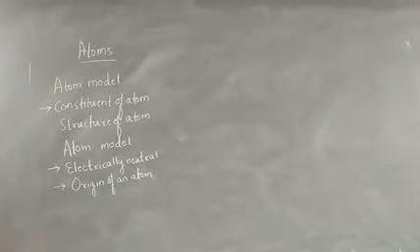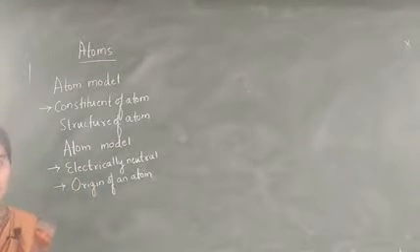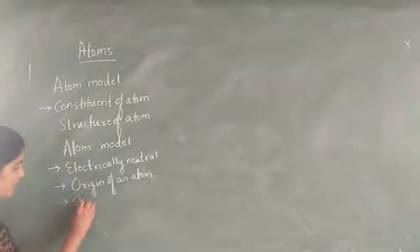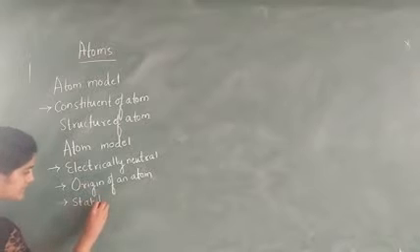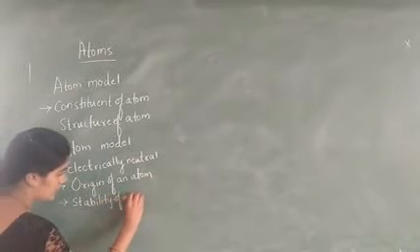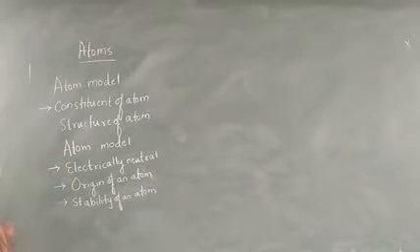We are including some points for the atom that we are considering: it is electrically neutral, the origin of an atom, and it also includes the stability of an atom. These are some points which are included in the atomic model.